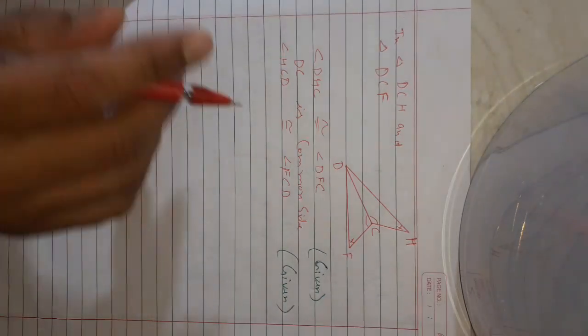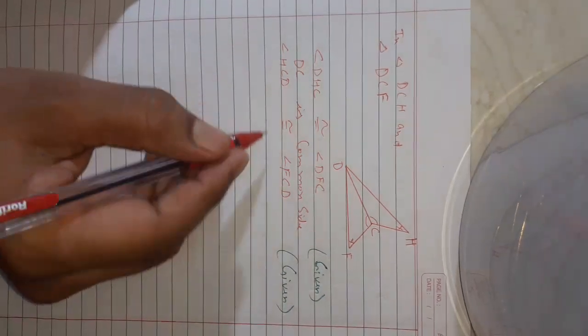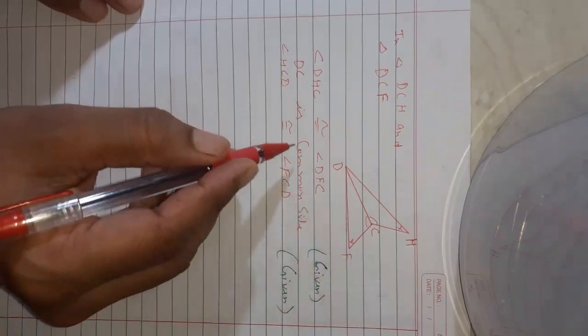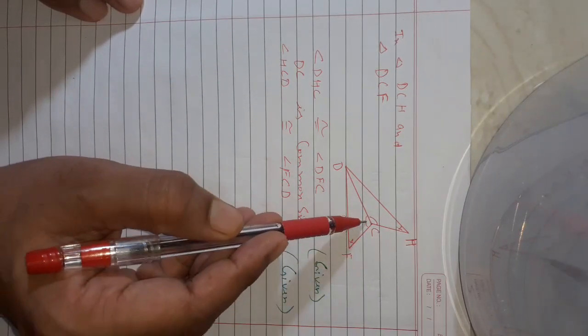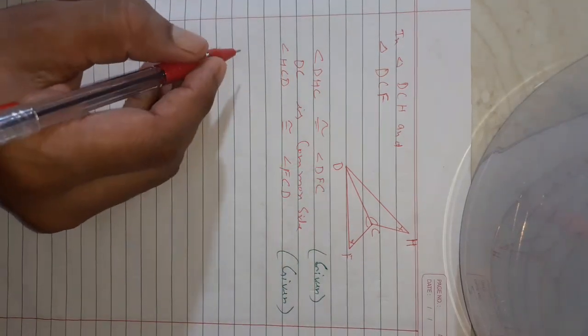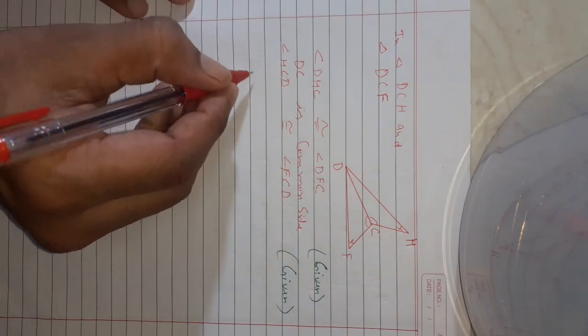Clear? So what will be there? You can say that with these two angles and one side, both triangles are congruent to each other.